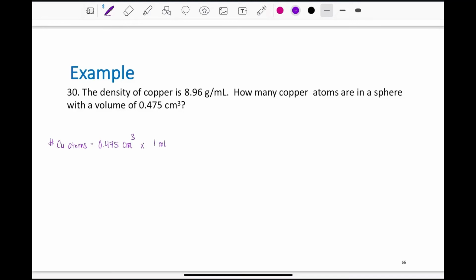I know that 1 milliliter equals 1 centimeter cubed. And I was given density, which makes life a lot easier. I can use that as a conversion factor: 8.96 grams of copper to 1 mL of copper.